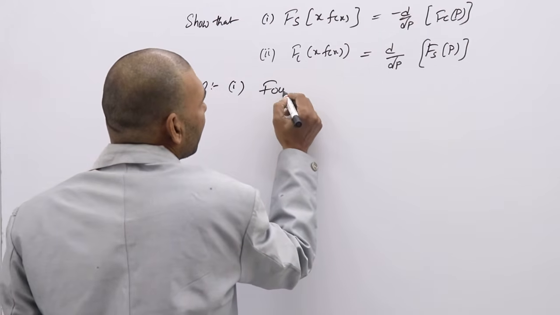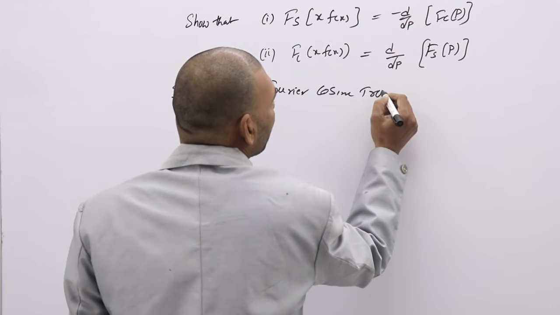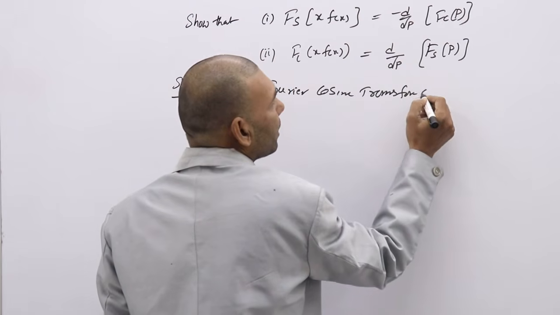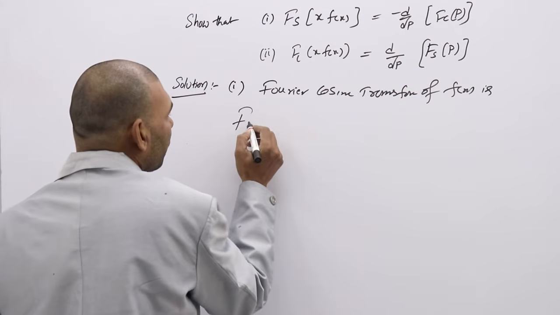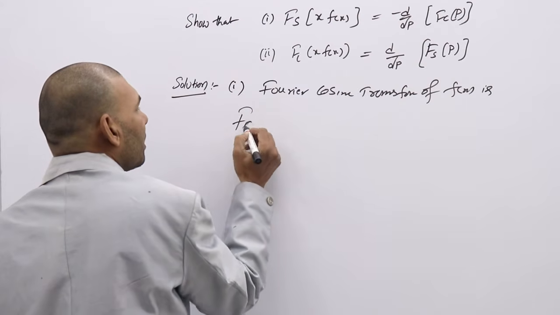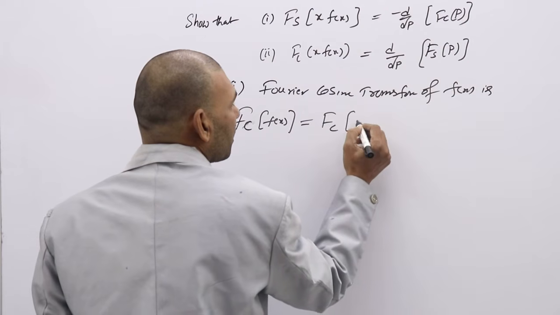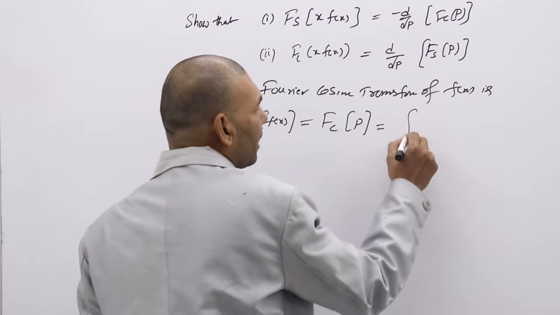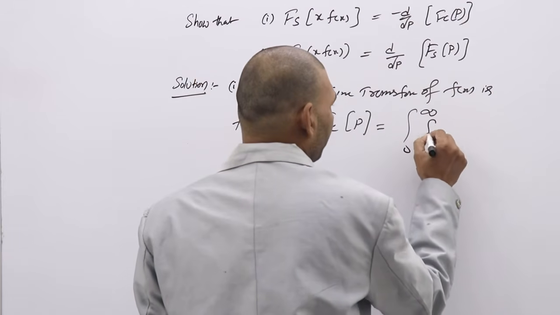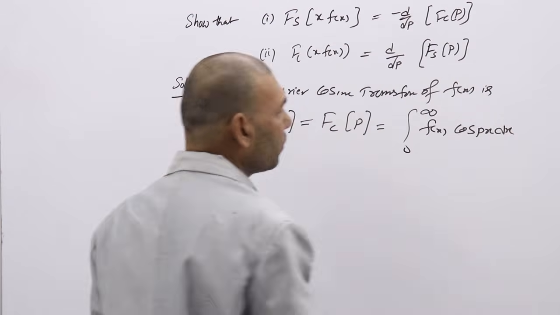We know that the Fourier cosine transform of f of x, we represent like this, fc of f of x equal to fc of p equal to integral 0 to infinity f of x into cos px dx. This we know very well.